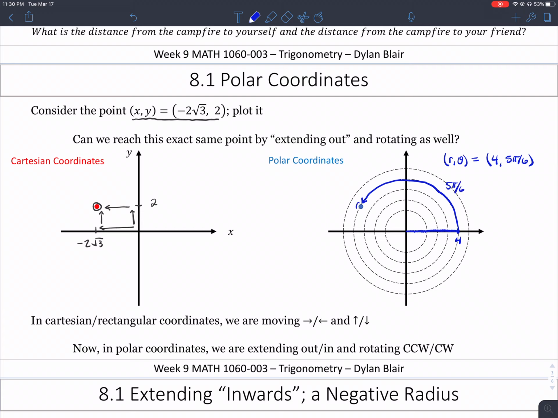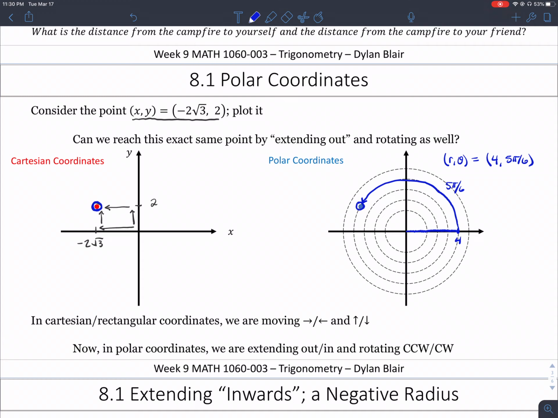And then this point ends up being equivalent to the point over here. Okay, so it's two different ways to express the exact same point, just viewing it differently. One way we viewed it by moving rectangularly, and another way by rotating and extending in order to get there.